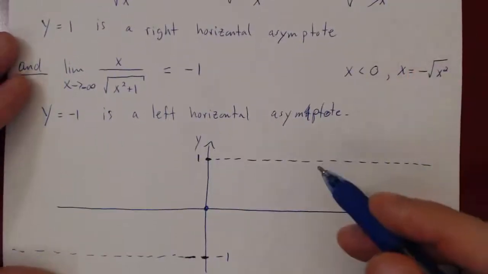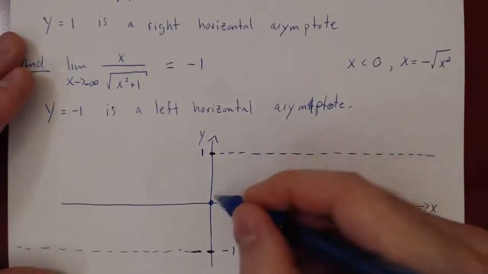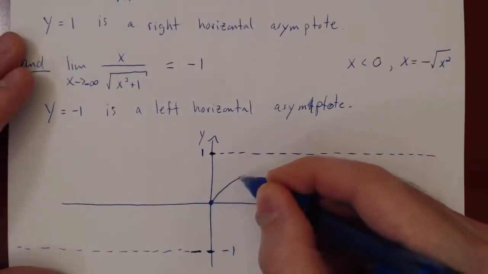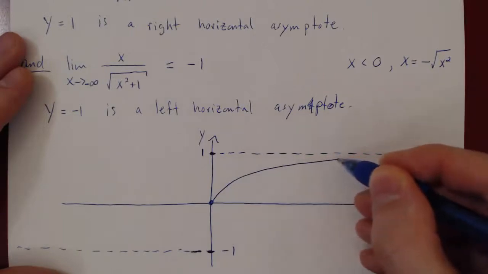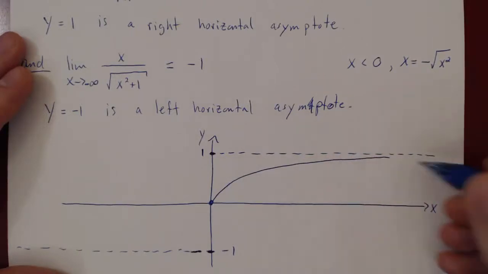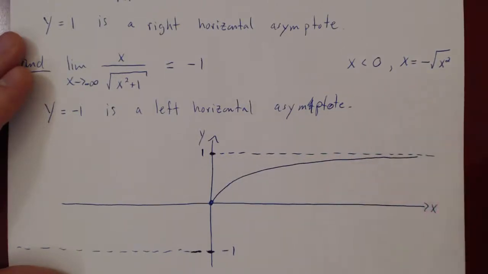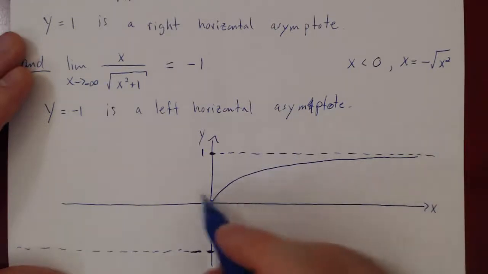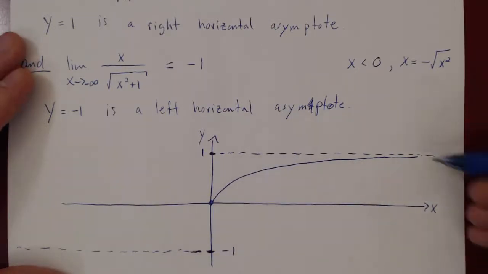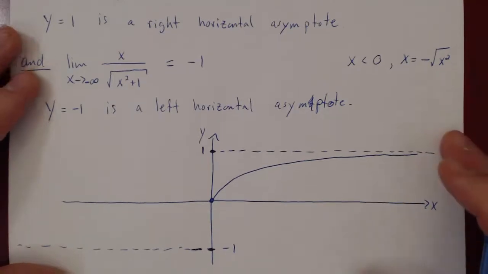So we expect that the graph will look something like this. The larger x is, the closer the y value will be to 1.